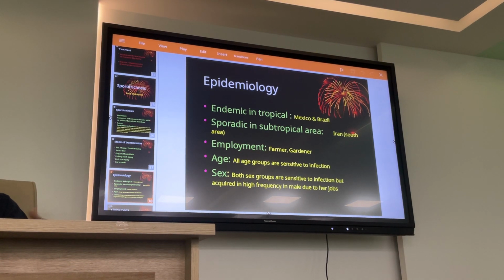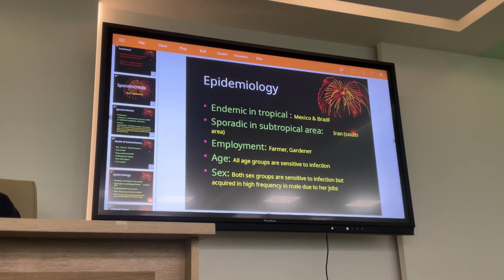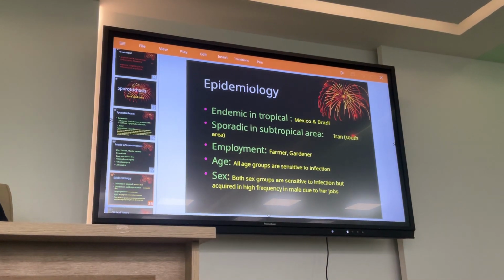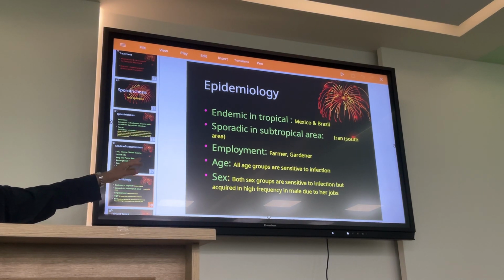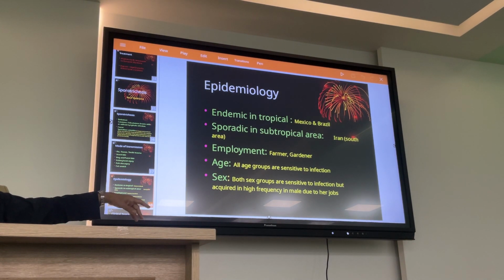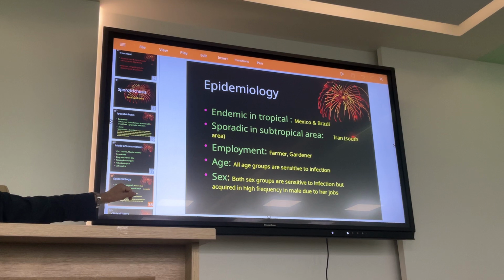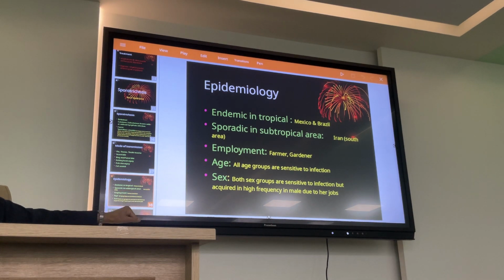I think in your country, the respiratory cause is low. But because this infection is important and may be dangerous, we must have some information about clinical and epidemiological factors.